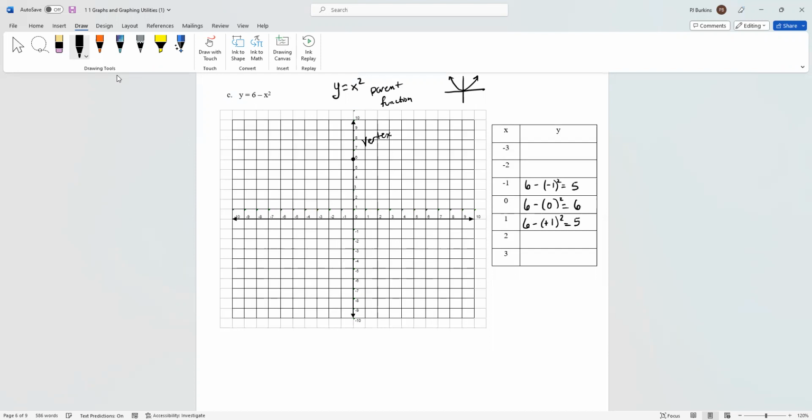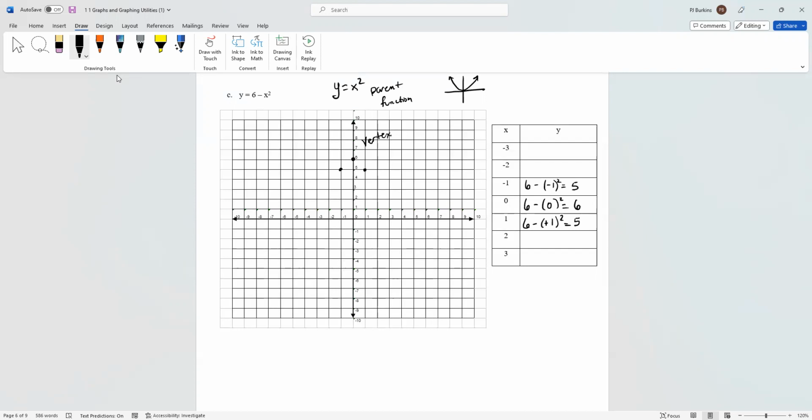So both of them are the same values. So when x is 1, I'm up at 5. When x is negative 1, I'm up at 5 again.